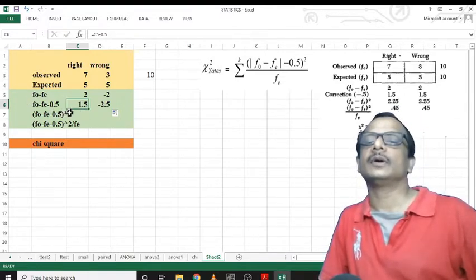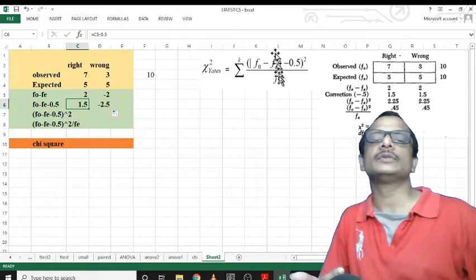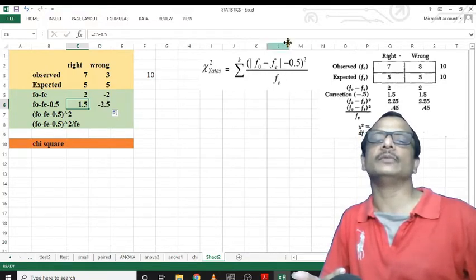Here another important thing is that this is a mistake, because we have to take only the absolute value.